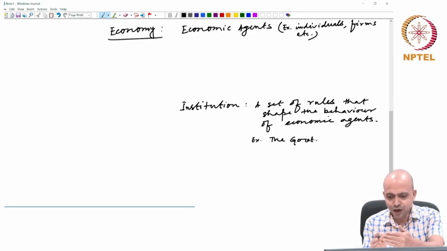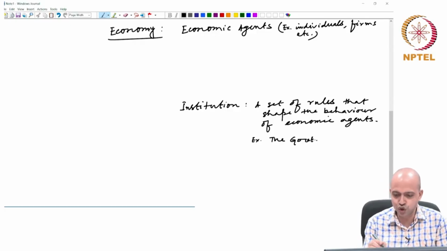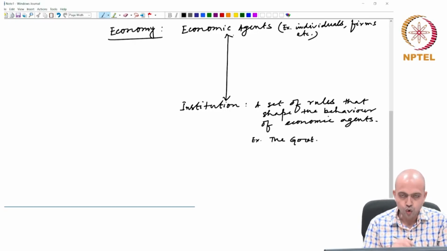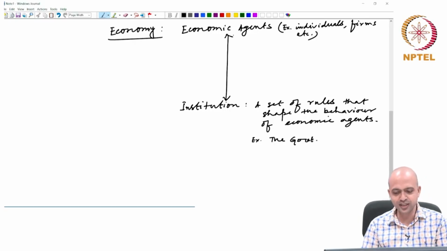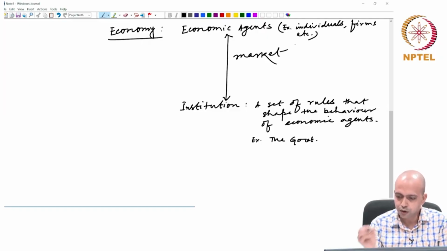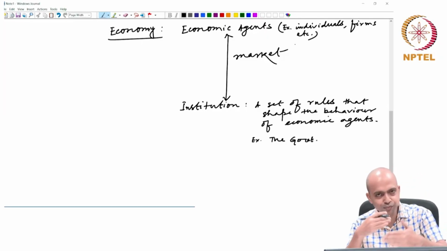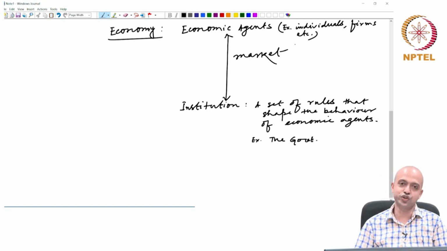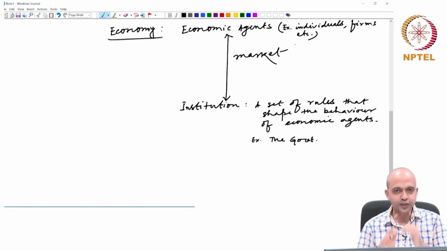And then the economic agents and institution, there are interlinkages between these two. Who interlinks these economic agents with institution? That is basically the market. So, market basically helps these two, economic agents and institution, interact. Is this clear?